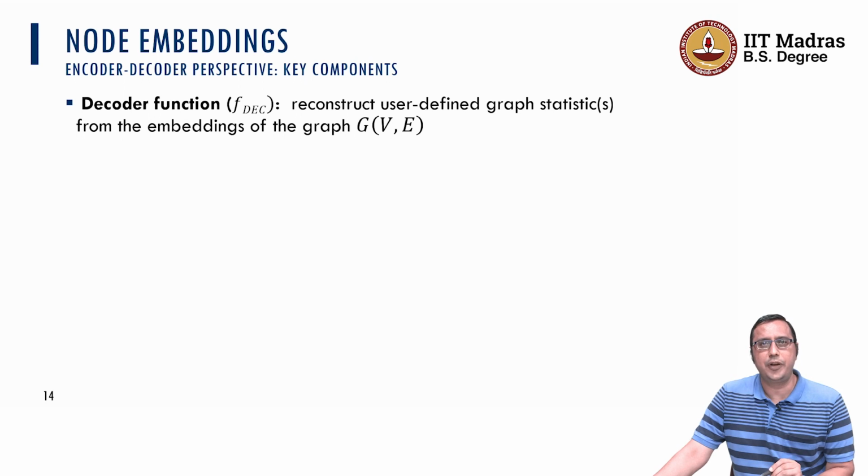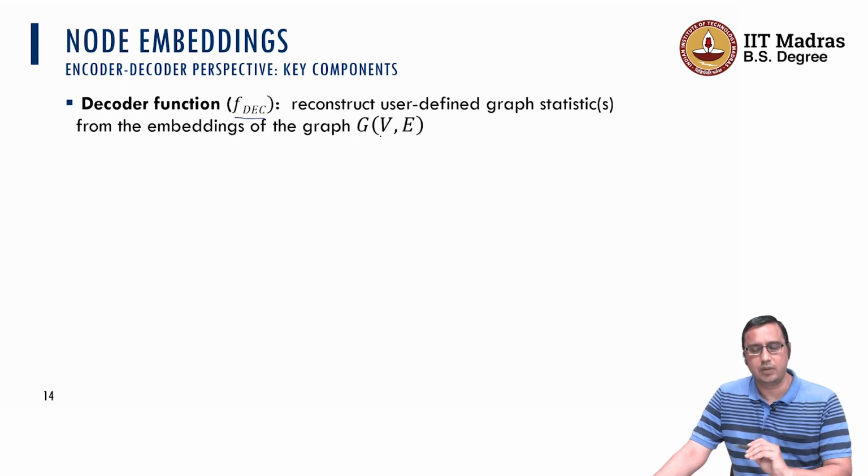What is the objective of the decoder function? The decoder function f dash has the job of reconstructing a user-defined graph statistic or similarity measure from the embedded vectors of the graph G, with V as the node set and E as the edge set.